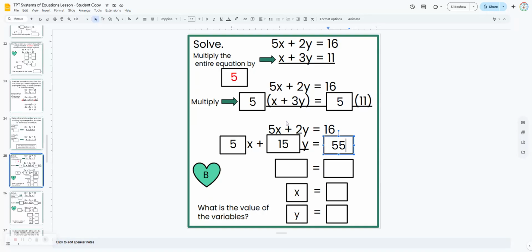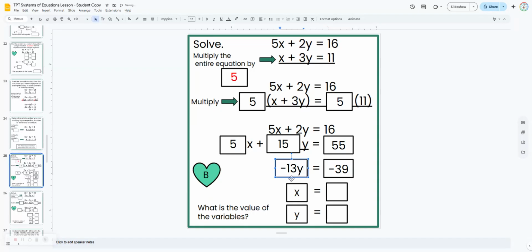Now the 5x's, if I subtract, they eliminate, and I get 2y subtract 15y gives me negative 13y. It's a little bit tricky. And if I take 16 subtract 55, I get negative 39. And solve. So we want this to be a y.